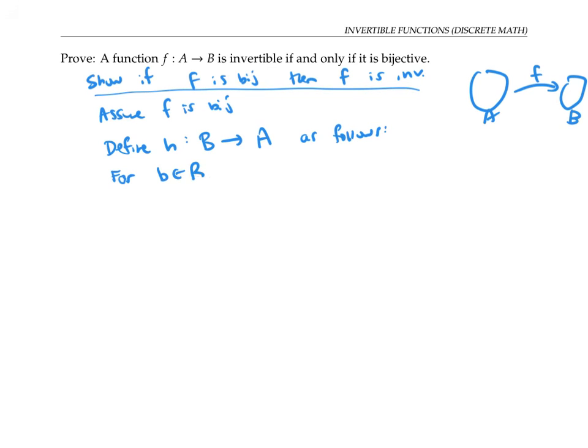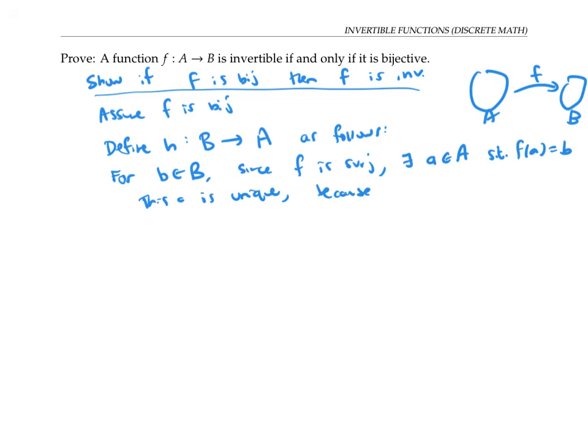For little b in B, since f is surjective, there exists an a in A such that f of little a equals little b. In fact, this little a is unique, because if, say, A2 is in A with f of A2 equals b also, then since f is 1 to 1, A2 would have to equal A1.